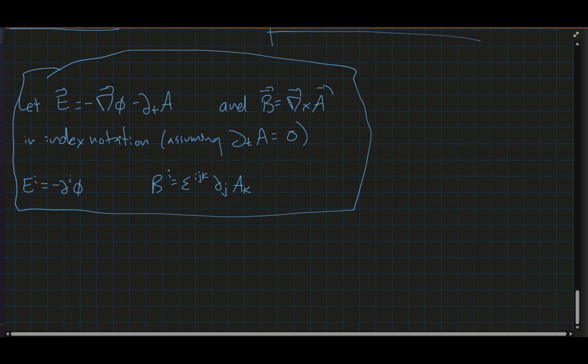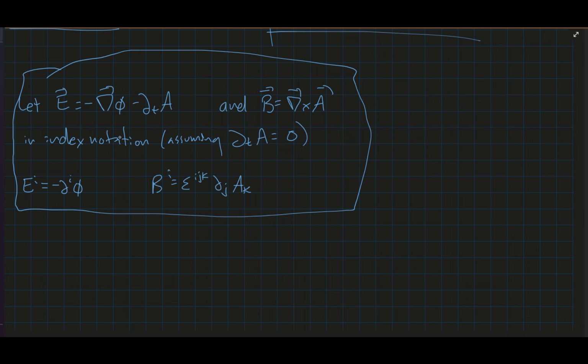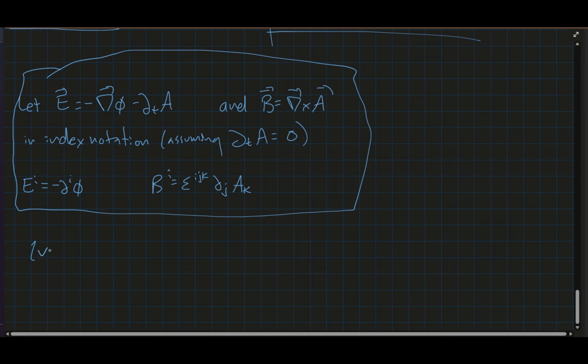And similarly, we can write down the term V cross B, because we know that that has to show up in our final answer. So let's see what that's going to look like in index notation as well. So we can say (V cross B)_I is epsilon_IJK V_J B_K.